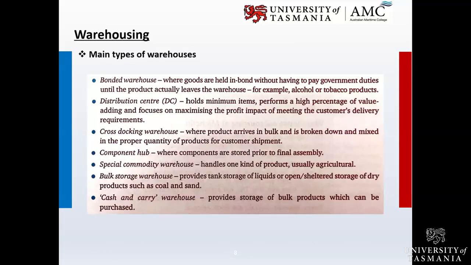Also, here we present some specific warehouse activities. There are different types of warehouses. We list some common types. The first is bonded warehouse. It means there is no need to pay government duties until the product leaves the warehouse. The second is distribution center.